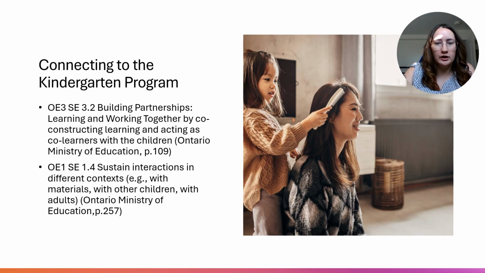It showcased Child C as overall expectation 1, specific expectation 1.4, sustained interactions in different contexts with materials, other children, and adults, page 256. This overall expectation and specific expectation focus on language and communication with both the adult, myself, and Child C. Child C demonstrates that they had a positive interaction and met many expectations of the kindergarten program.